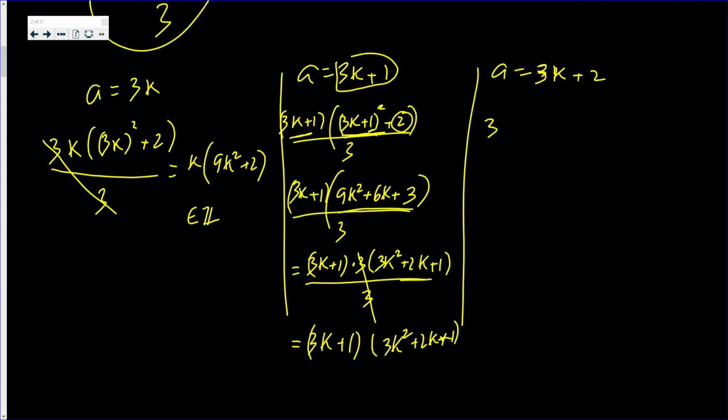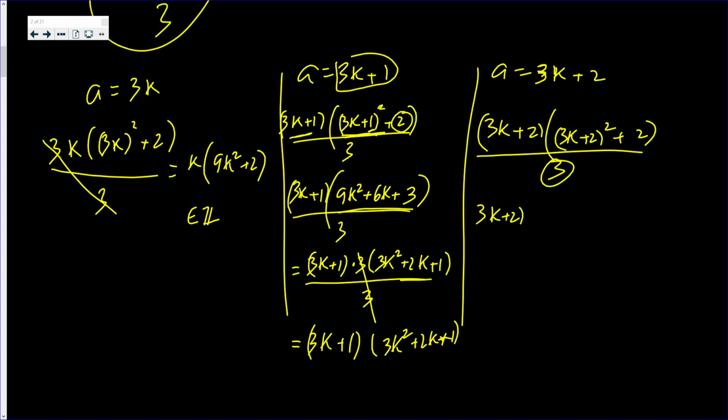So now, a times a squared plus 2. That's supposed to be a multiple of 3. That's the only way 3 is going to go into it. Well, 3 doesn't go into 3k plus 2, but when we square that, we get 9k squared plus 12k plus 4. Plus 2 more is 6.